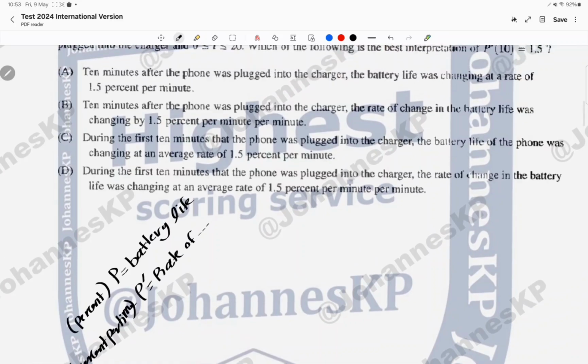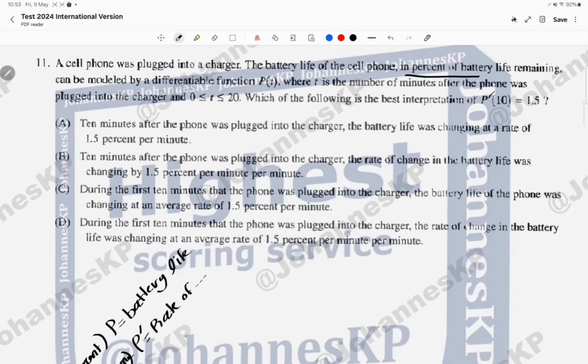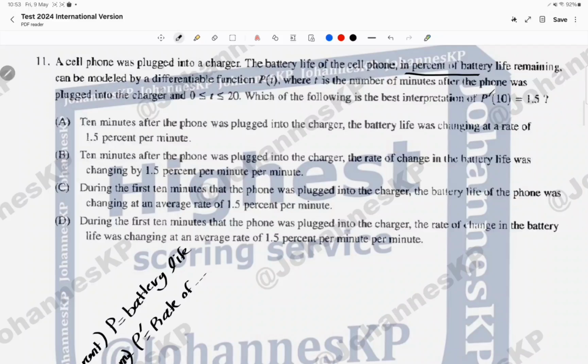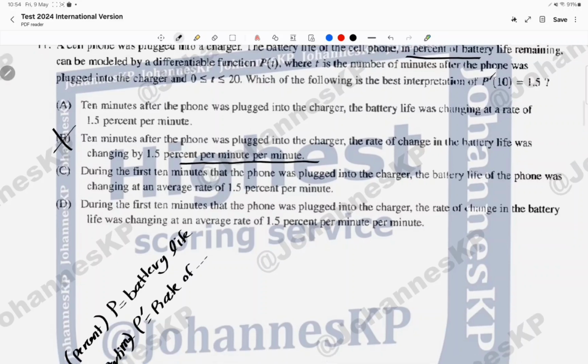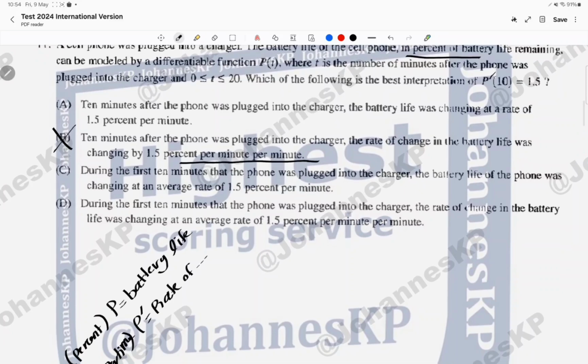So it's not going to be B because they have per time, right? And let's see, during the first 10 minutes. It can't be D as well, so it's not D. So either A or C. Okay?